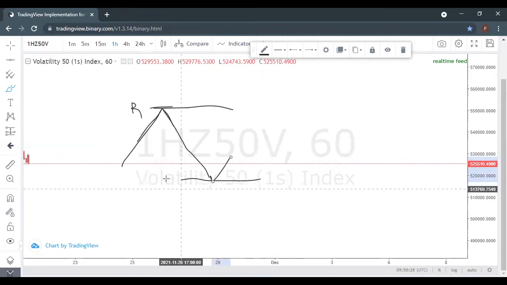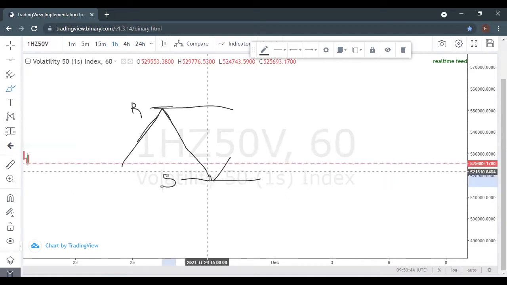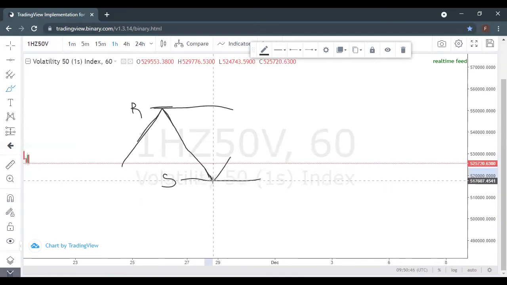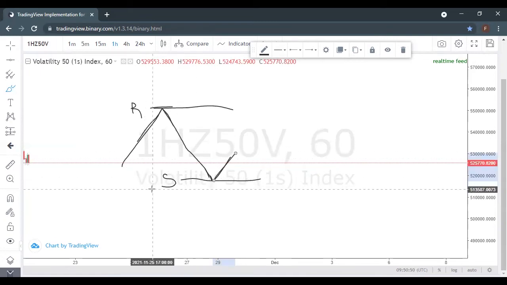We call this support. This is our level of support. How do we define support? Support is a price level responsible for changing direction that pushes the market to the upside. So we have price changing its direction here, then it pushes to the upside. This is support.